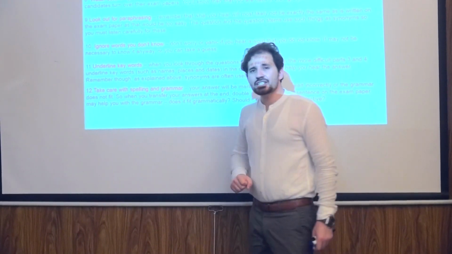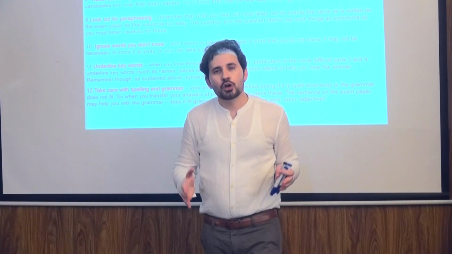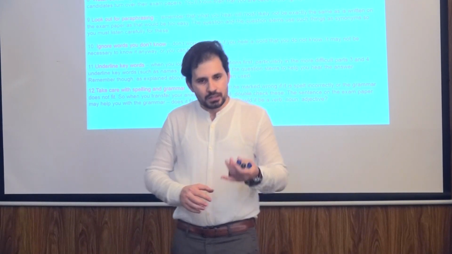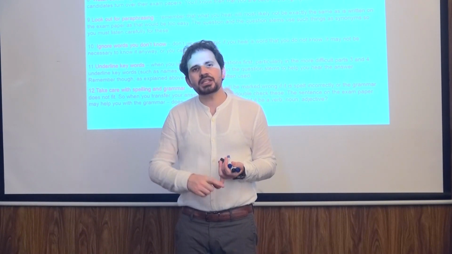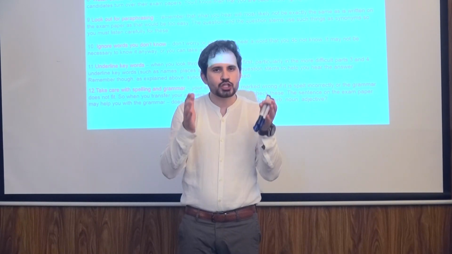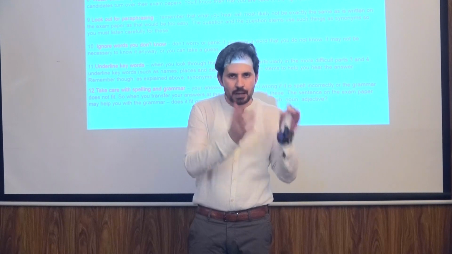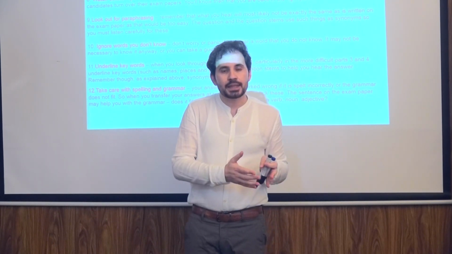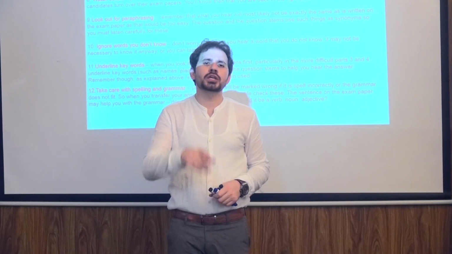The next important thing is that you should be very careful with spelling and grammar. Spellings are important. There is no difference whether you use American spelling or British spelling, but you should use one of them, either American or British. If it is neither American nor British, then you are going to face the music.